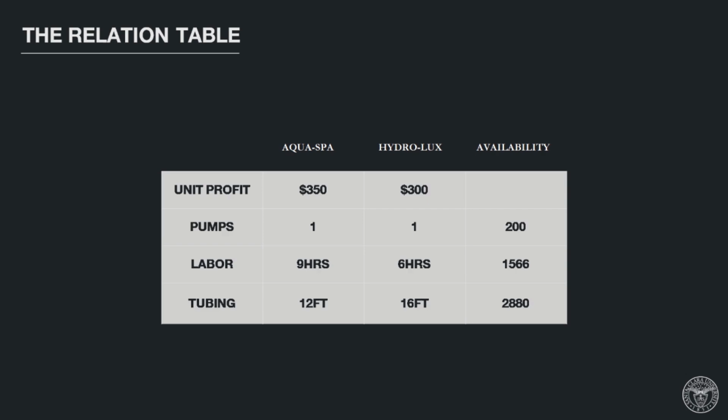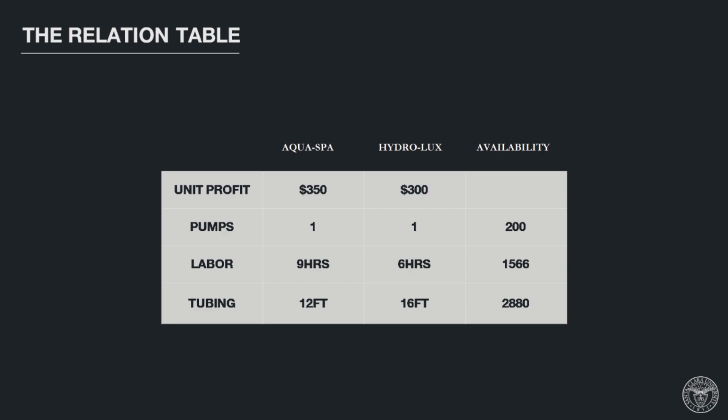Actually, this relation table is very useful. We can write down the LP model directly based on this relation table. Although it's not always true for all LP models, for this case 2.1, we can do so.